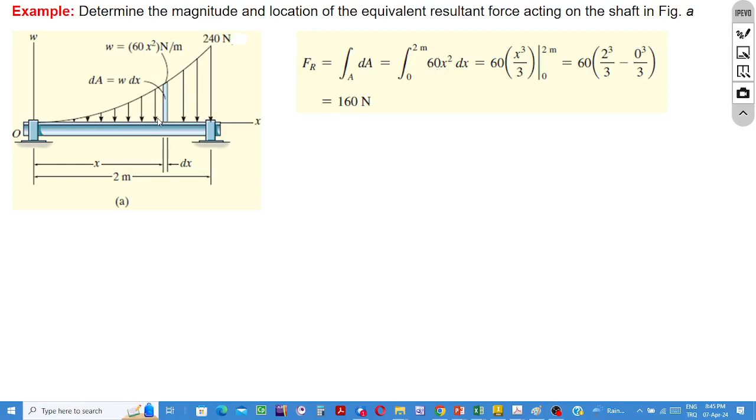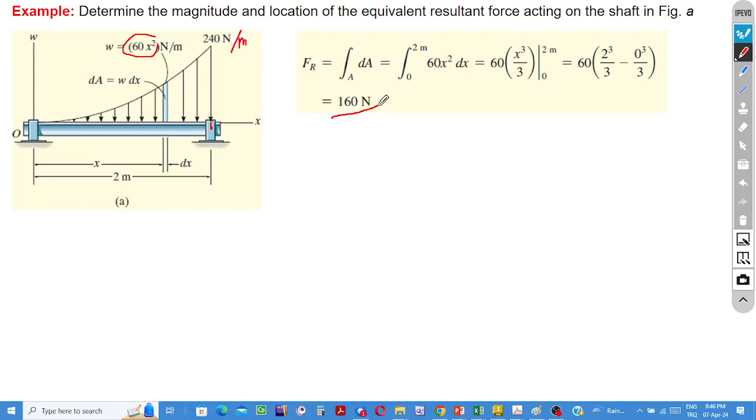The value of the load curve at this point is the height of this rectangle, times its width dx. Take this integral from 0 to 2. The result is the total area under the curve, and it corresponds to the magnitude of the resultant of the distributed load. It is 160 newtons.